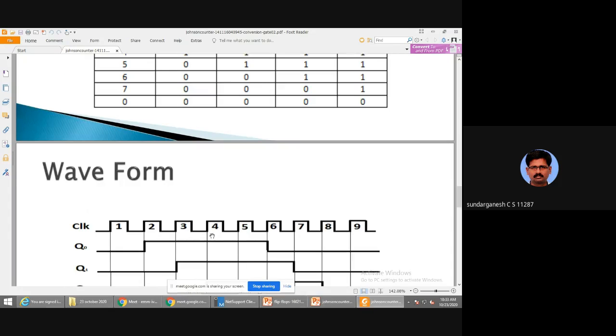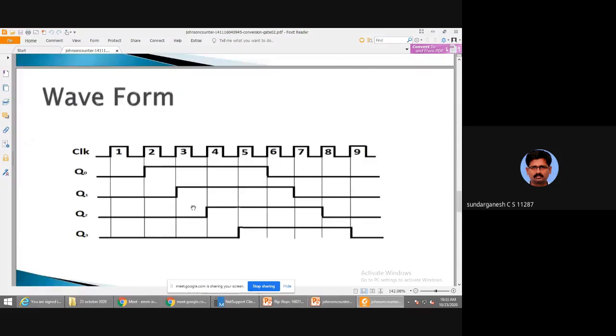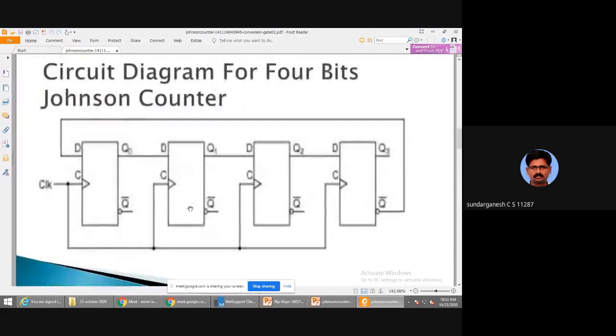So depending upon the number of flip-flops in the counter, you have to draw the corresponding truth table, corresponding waveform, and corresponding circuit connection. If they don't mention any bits, you can draw any number of bits. If they mention 3 bits or 5 bits or 2 bits, you have to draw accordingly. If asked to draw a 2-bit Johnson counter, draw only 2 flip-flops.